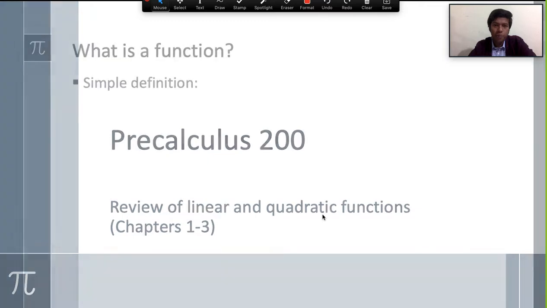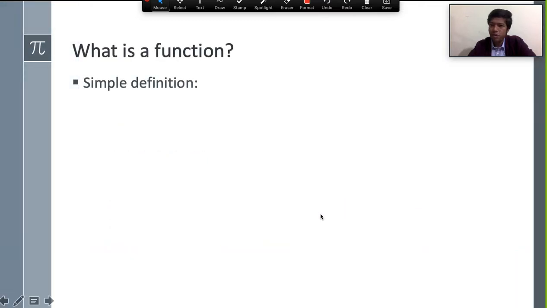Okay, so let's look. First of all, a very important concept: what is a function? We will discuss functions a lot. So what is a function? You can consider a function as a machine. In a machine, you give some input and the machine gives some output.